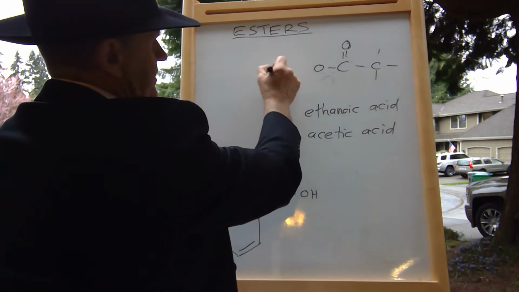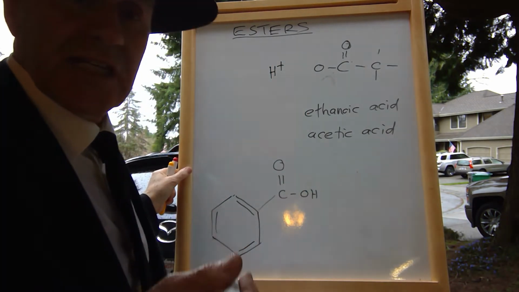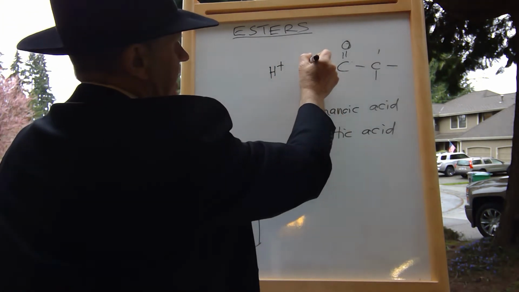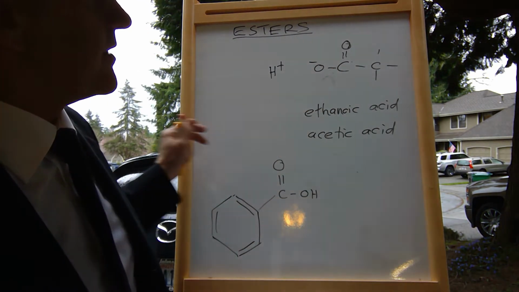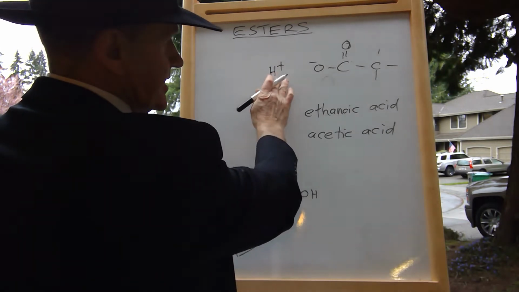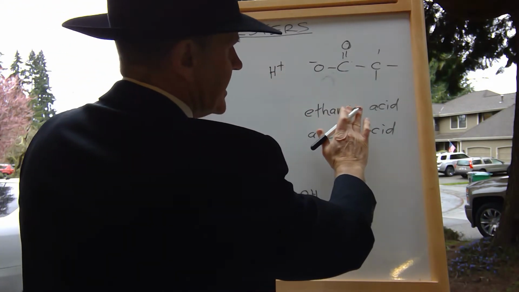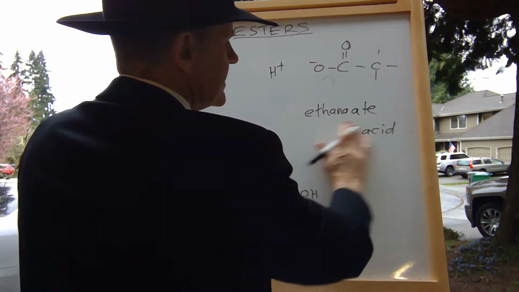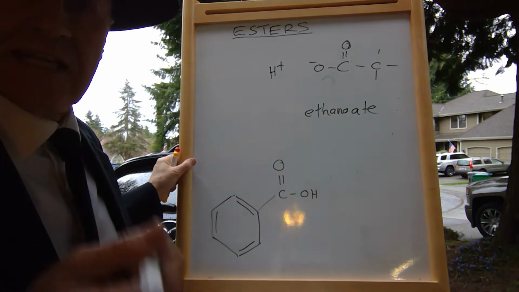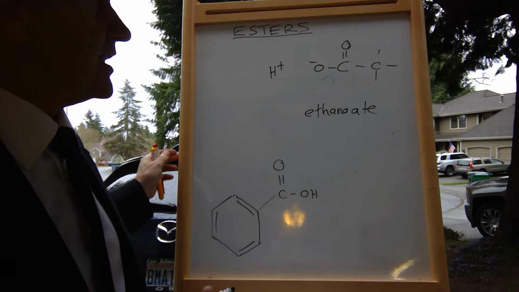It gives off that H+, and what it leaves behind is a negatively charged ion, and that is no longer ethanoic acid because it's given the acid away, it's now ethanoate.